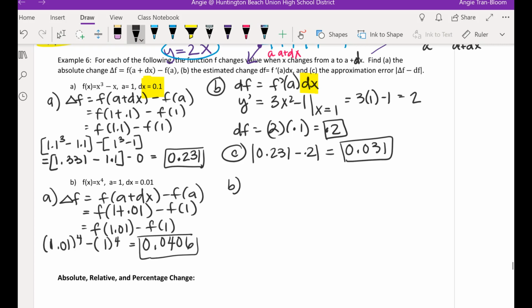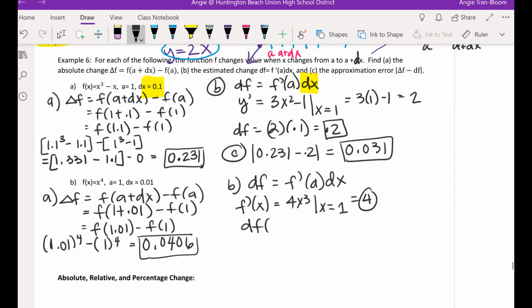Then B, it's the approximate change, which the formula says df is the first derivative at a times the change in x. So let's do the first derivative. f prime of x is 4x to the third. I need to evaluate it when a is at 1, so this is going to be 4.